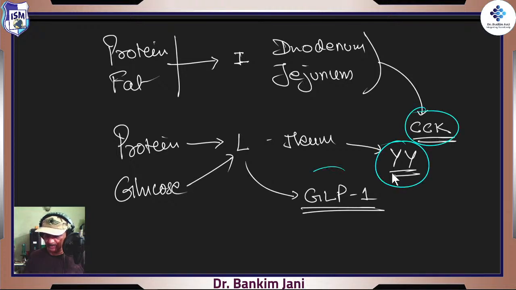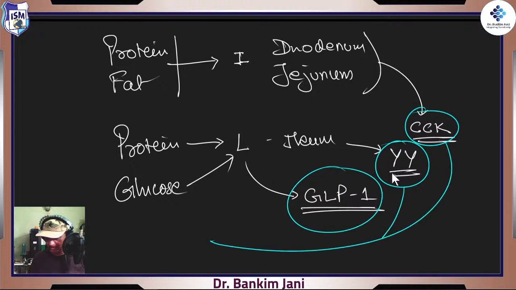This one, this one, this one. They'll go to that big boss, you must have guessed, the arcuate nucleus. And then how is the situation? There is so much protein, so much fat, so much glucose, everything is so happy. So what should be done? Someone should be stimulated and someone should be inhibited.